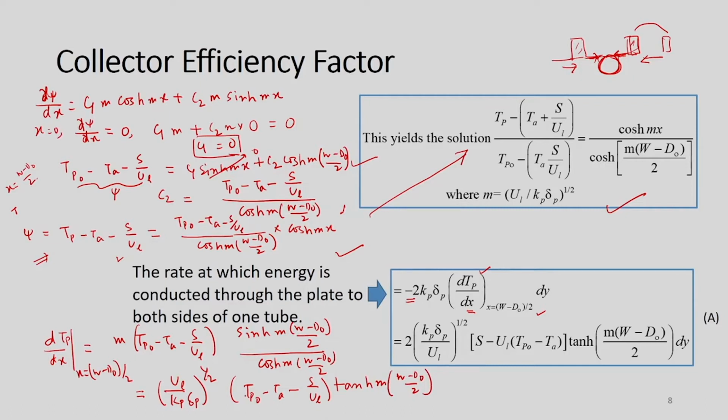So, now you can simplify it, since you know this, and then already Kp δP is multiplied here, okay. So, we can simplify it, and then finally what we will have, this 2 Kp δP by UL square root will come here, and then other expression will be same as this expression, right.